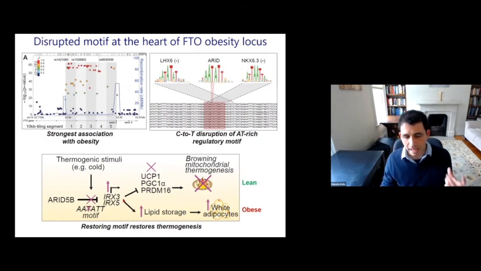So your pre-adipocytes in the first 3 days of differentiation decide whether they're going to be a fat burning cell or a fat storing cell.